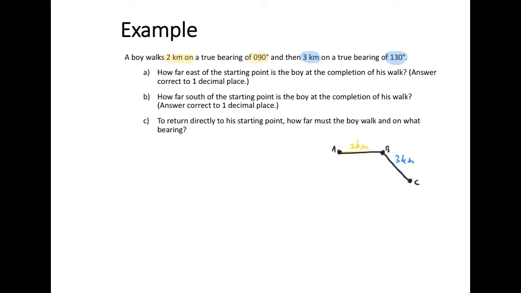So having a look at part C, we want to know, to return directly to his starting point, how far must the boy walk and at what bearing? What the question is asking is, to go from C to A in a straight line, what is that distance going to be?